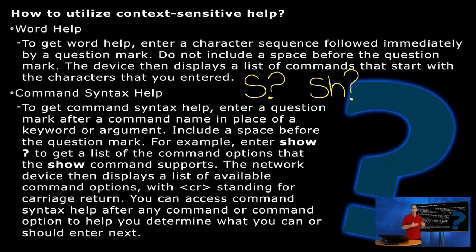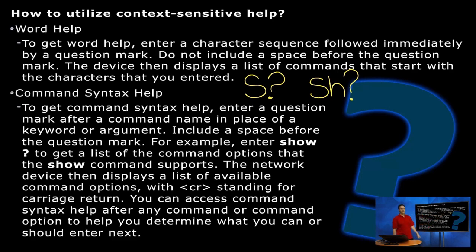So if you're struggling to try and remember what word is going to be used to configure the feature you're trying to configure, well, if you're in the correct prompt, by typing in question mark, you'll see every single command that can be used. If you type in a letter and put in question mark right up against it, you'll see every single command that starts with those characters.